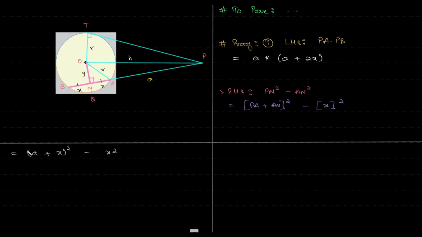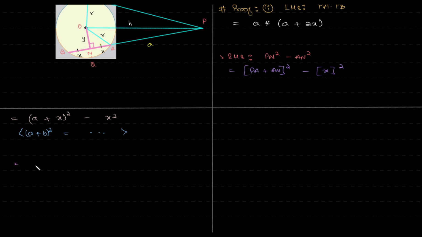Okay. Now, so what do we have here? We have A plus X the whole square, which you know what this is. So using this formula, we have A square plus X square plus 2AX minus X square.